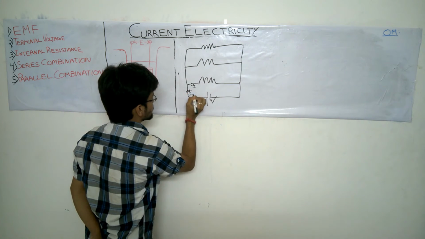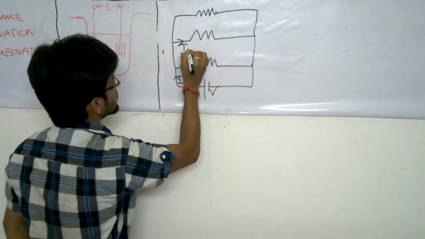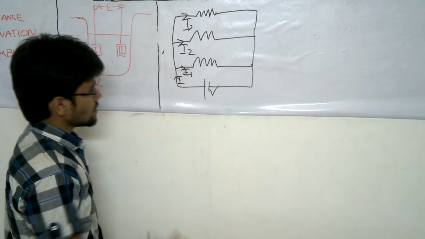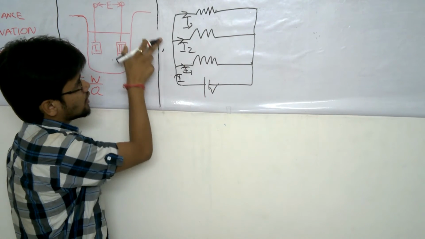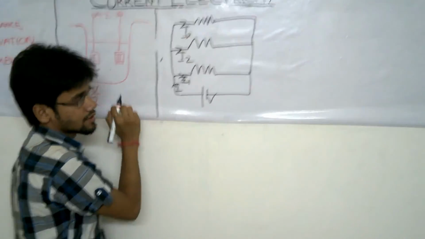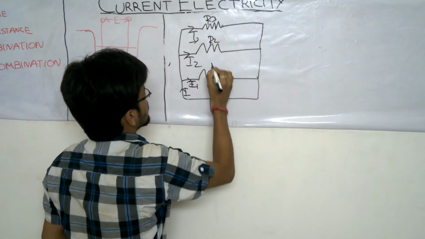We have a current I here. We have a different current I1 here, a different current I2 here, and another different current I3 here. The current I has been divided into three parts: I1, I2, I3, since these are the three branches of resistance we have in the circuit. This is R3, this is R2, this is R1.